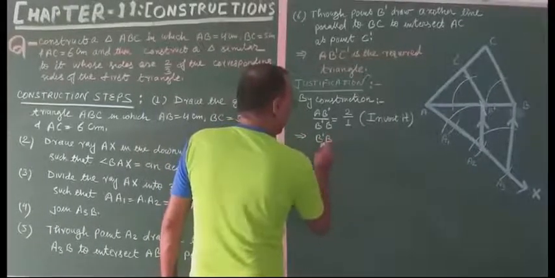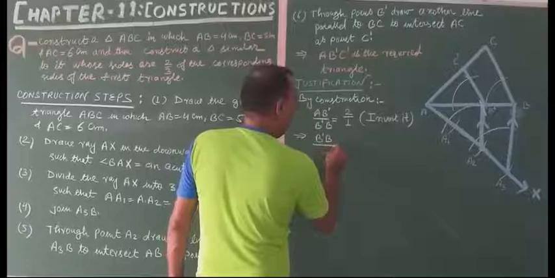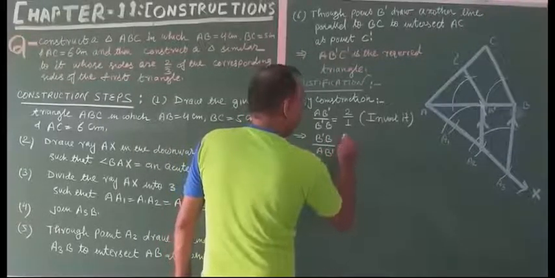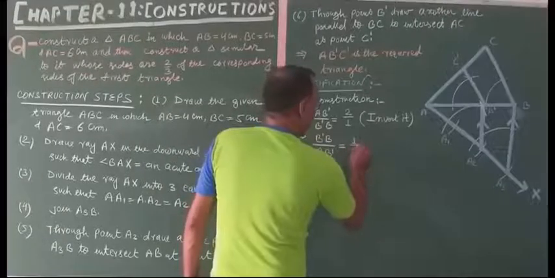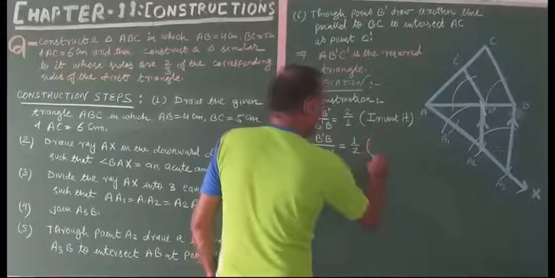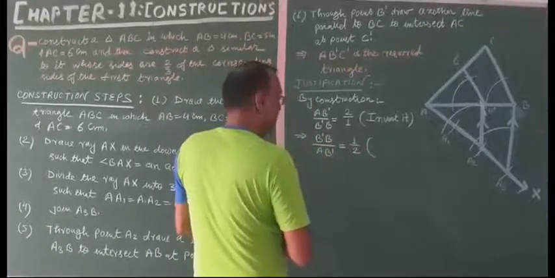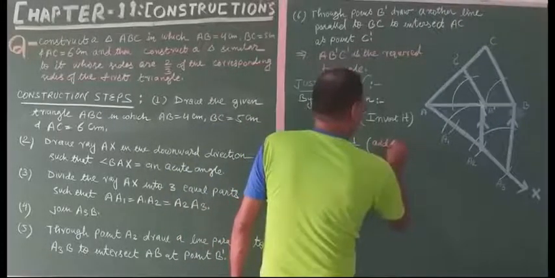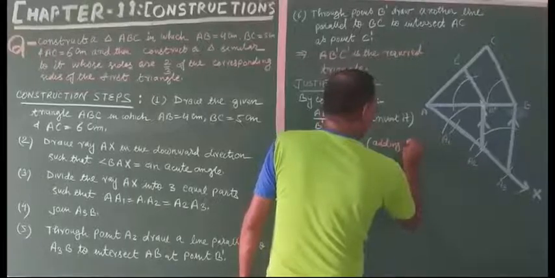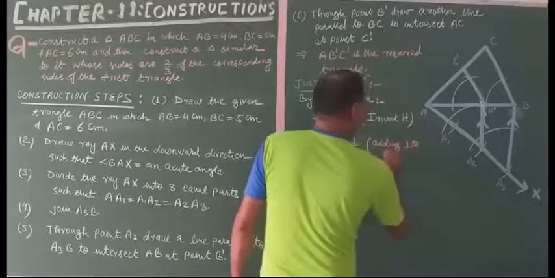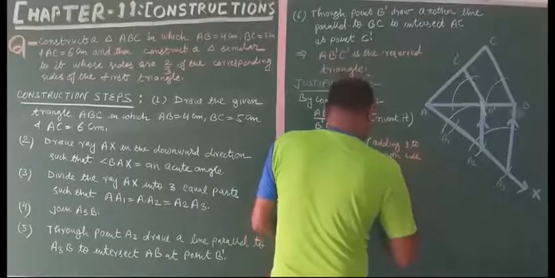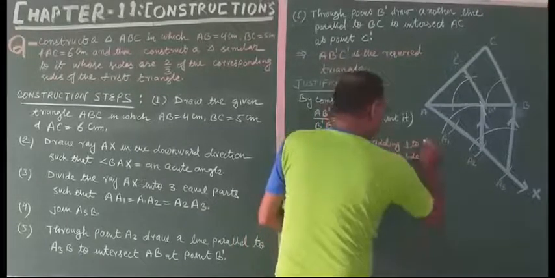B dash B upon AB dash will be equal to 1 upon 2. Now adding 1 to both sides. So what will happen?